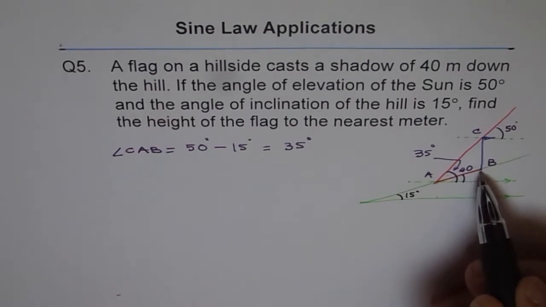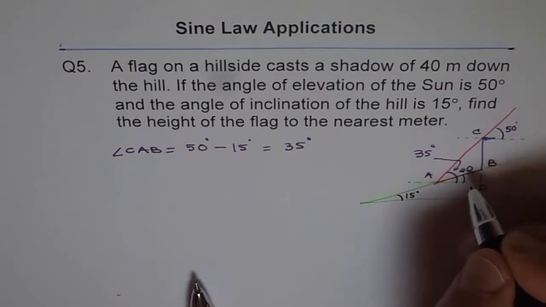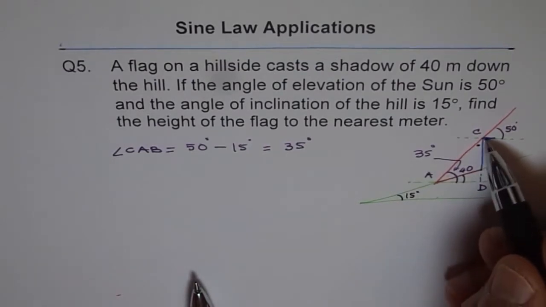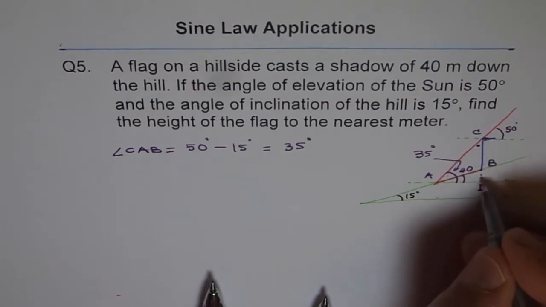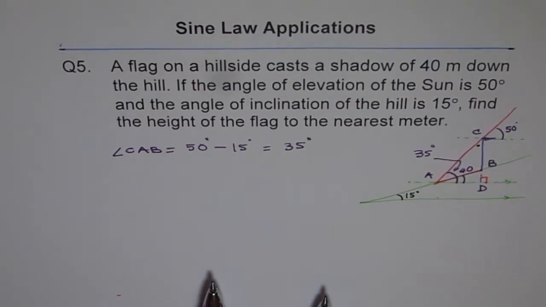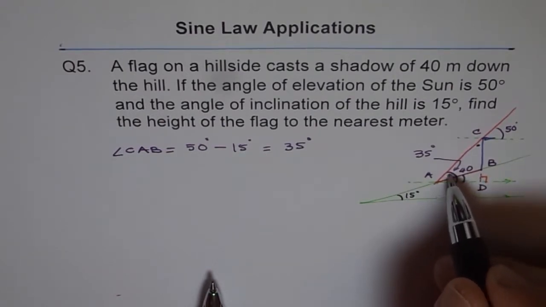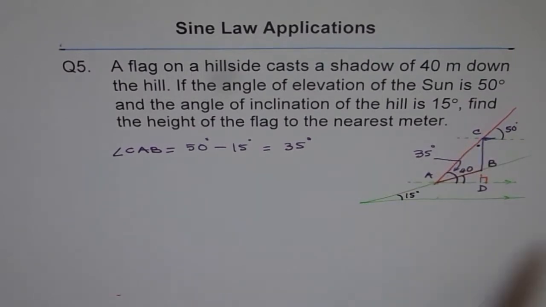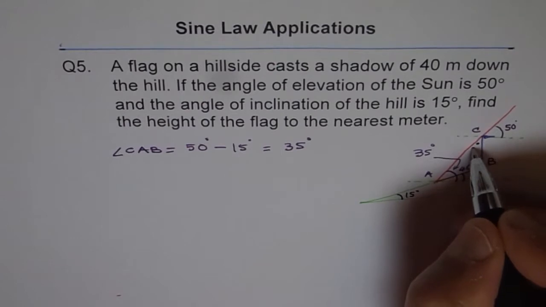Now, the side known to us is AB. Therefore, to apply sine law, which angle should be known to us? The angle right opposite to this side. How will you find that angle? For that, we will extend this and make this a right triangle. You see now this is a right triangle, correct? Since this is a right triangle, we know this is 90 and this angle is 50. So that angle should be 90 minus 50, which is 40 degrees.